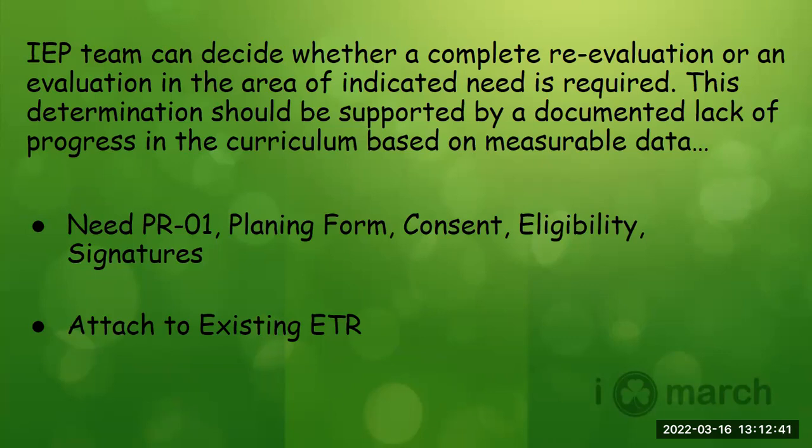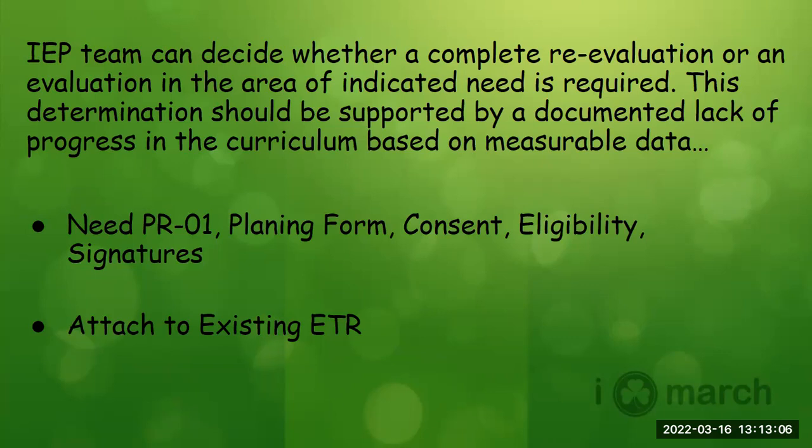You're just going to have that in the file with the other ETR. You can paperclip them together or whatever you need to do. But again, we don't want to try to make it appear that it was all happening at one time. We want to make sure that it's clear that there was a distinction between the recent evaluation that took place and then, oh, this is something that popped up later.